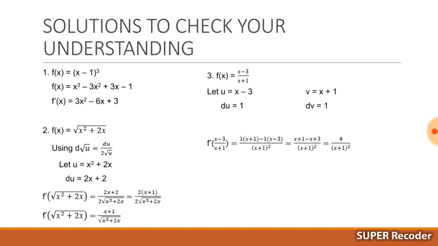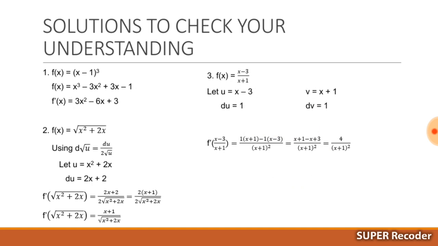So f prime of x is equal to 2x plus 2 over 2 square root of x squared plus 2x. We need to simplify it further. For the numerator, we have to factor 2.